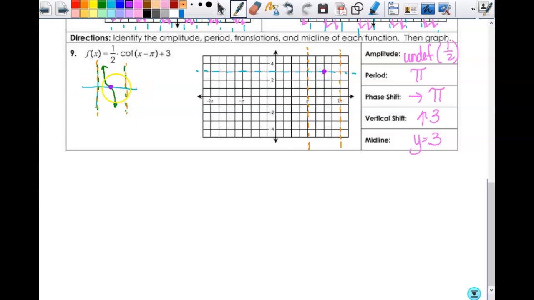Then halfway between these two, for my parent function, I'd be at 1, but that a is 1/2. So halfway between these two, I go up 1/2. Halfway between these two, I go down 1/2. That has a period of pi. That is what I can take to repeat. So I have an asymptote every pi.